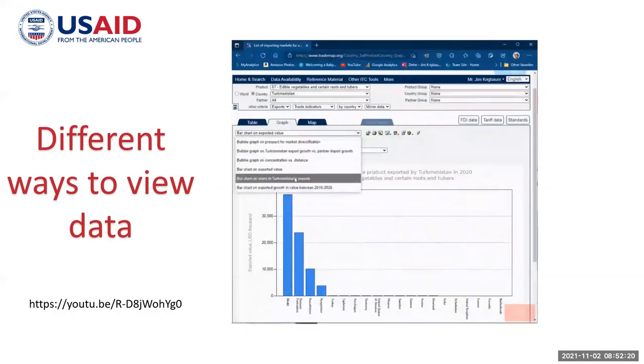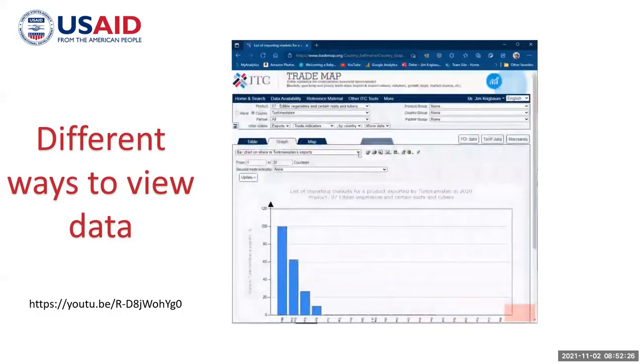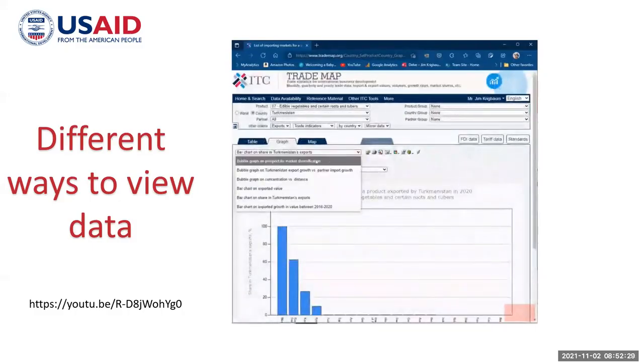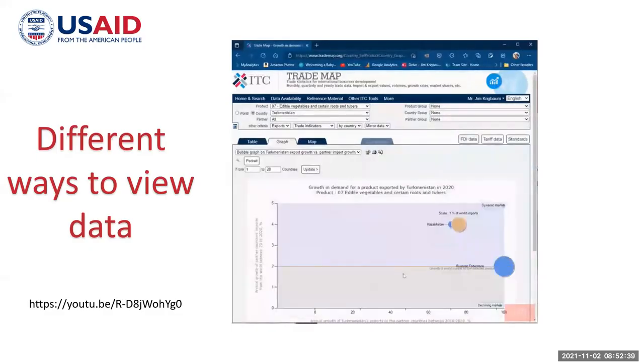You can do it showing what share of their exports. There's a number of different options that'll give you a different perspective on what the opportunities are. And this one bubble graph of Turkmenistan export growth and partner imports gives you an idea of what the potential to increase your exports are for the product.